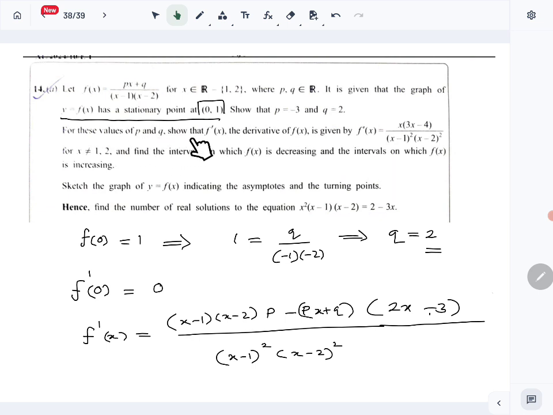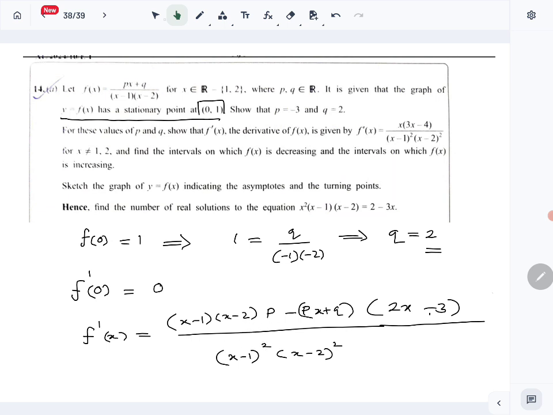For these values of p and q, show that f dash x, the derivative of f(x), is given by this. So just substitute p equals minus 3 and q equals 2 here, and let's simplify.